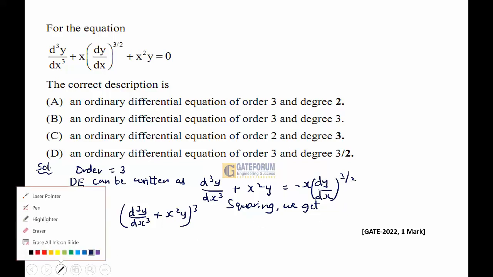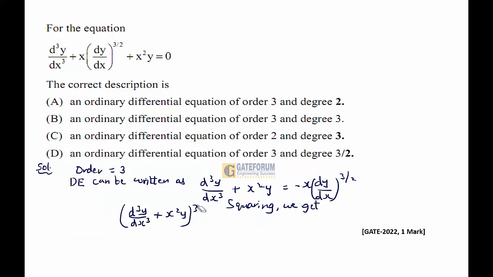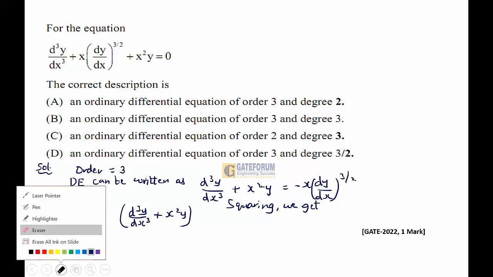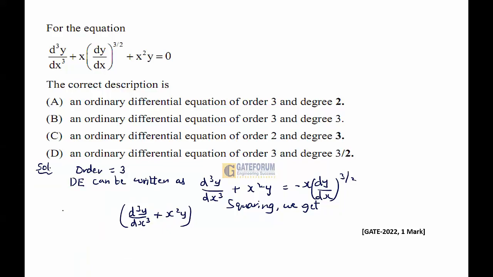Okay, so it is not 3, it is square. Whole square is equal to the right side, x² times (dy/dx) to the power 3/2, whole square. The 2 and the 1/2 get cancelled. You will be getting whole cube.